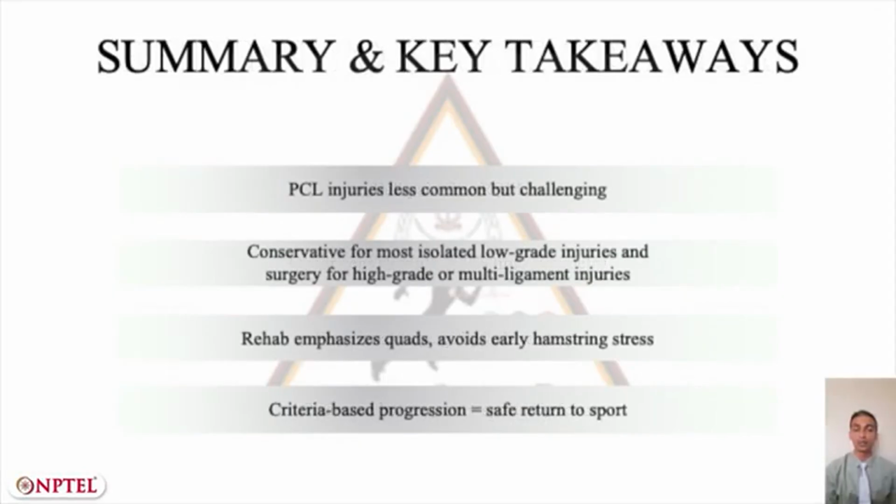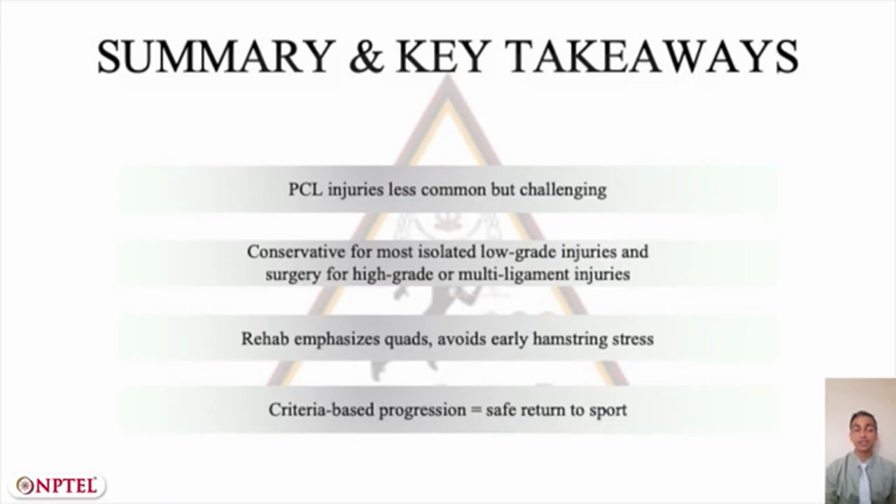With this, we come to the end of PCL rehab protocol. To summarize, the key takeaways are: PCL injuries are less common but challenging. Conservative protocol is good for most isolated low-grade injuries, and surgery is recommended for high-grade or multi-ligament injuries.